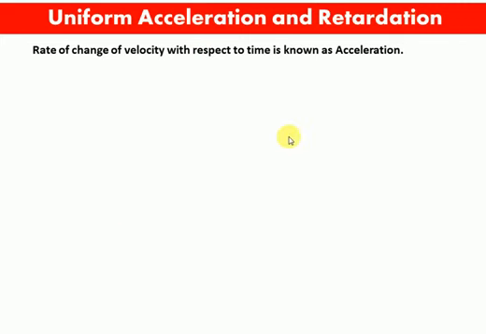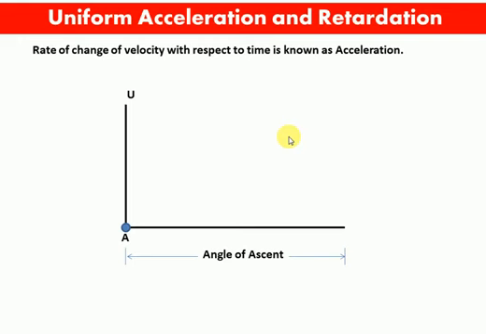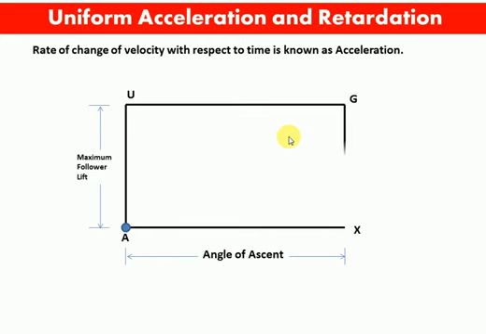Again, take any point A and draw a horizontal line which represents the angle of ascent, as we have done earlier. In the same way, from point A we'll draw a vertical line AU that represents the maximum follower lift. We'll draw a square box, that is AUGX.